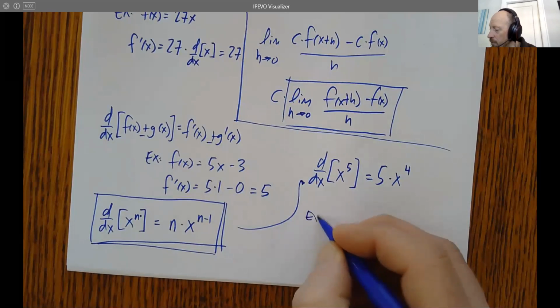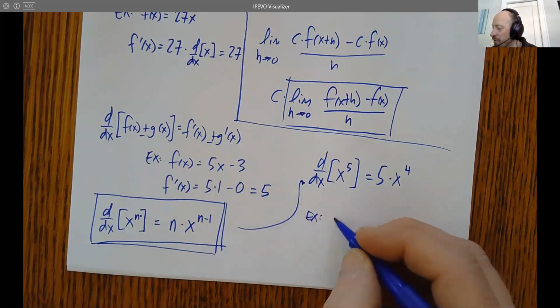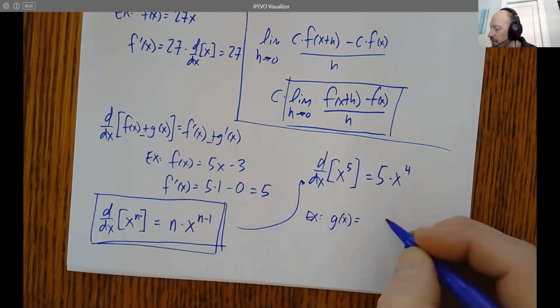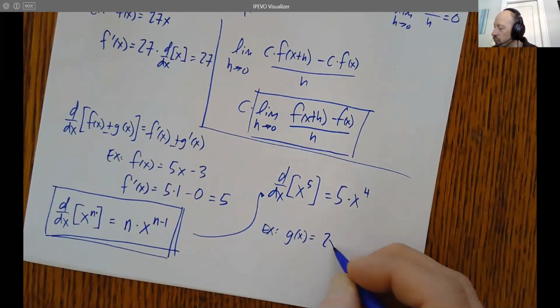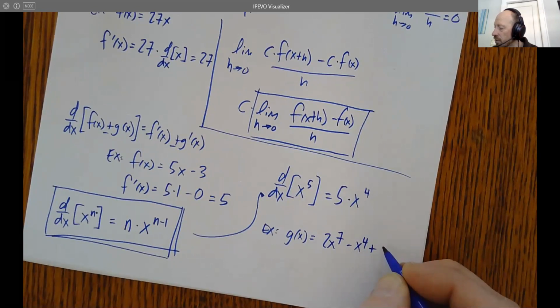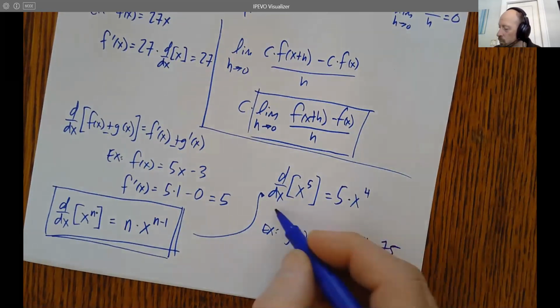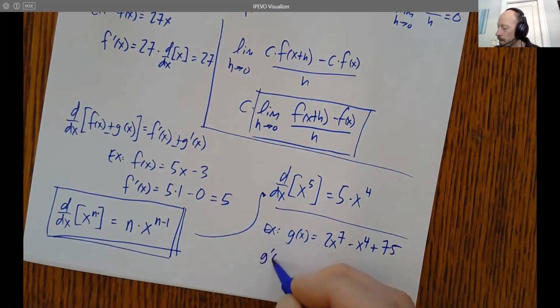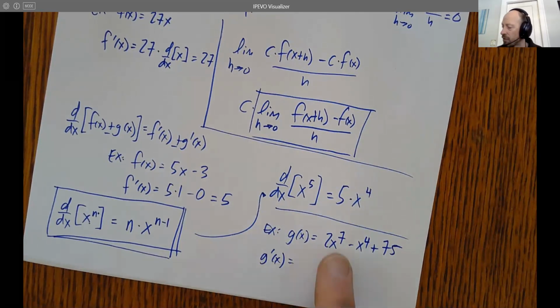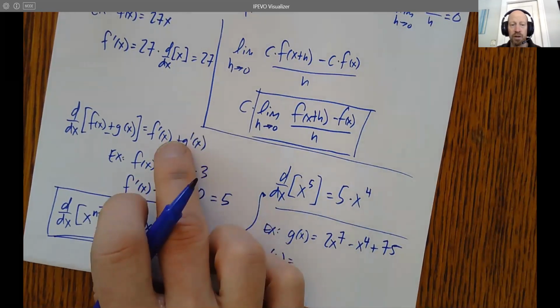So armed with that, we can actually find the derivative of lots of messy polynomials. 2x to the 7th minus x to the 4th plus 75. My rules say I can take the derivative of each of these 3 pieces separately. That's this rule here.